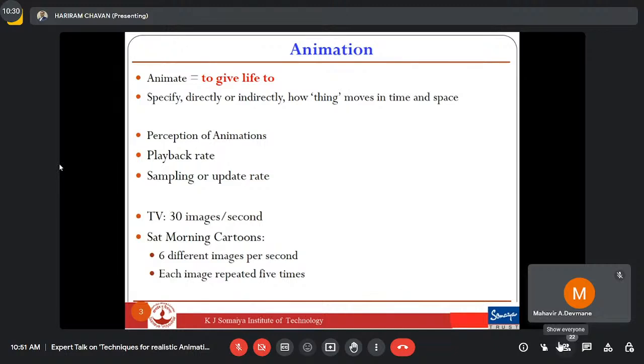One more simple example to understand what exactly animation is: when you haven't started the fan, we can observe the three blades of the fan. But the moment you start the fan, it starts rotating, and then you can't separate the three blades from each other, because the moment the speed of the fan goes beyond 30 images in a second, you feel it is a circular fashion.